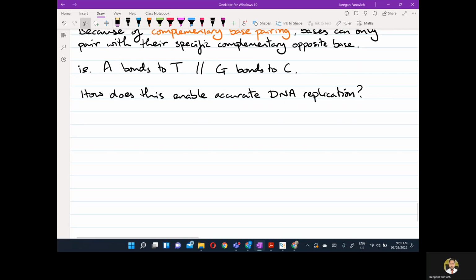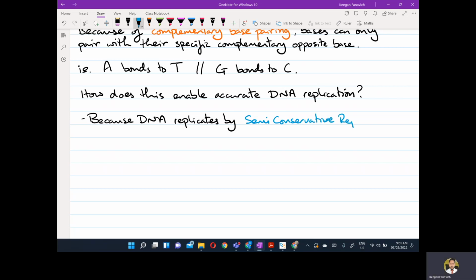Because DNA replicates by semi-conservative replication.